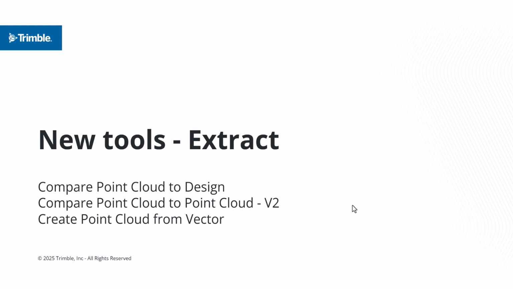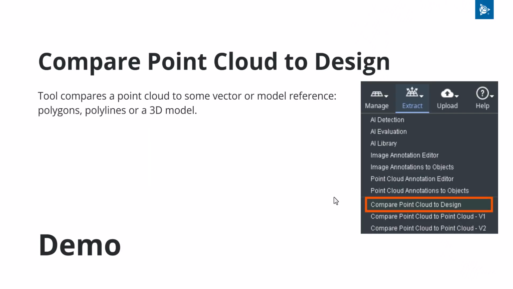I'll present further tools from the Extract toolbox: Compare Point Cloud to Design, then Compare Point Cloud to Point Cloud version 2, and Create Point Cloud from Vector. The first tool is Compare to Design. The tool compares a point cloud to some vector or model reference.